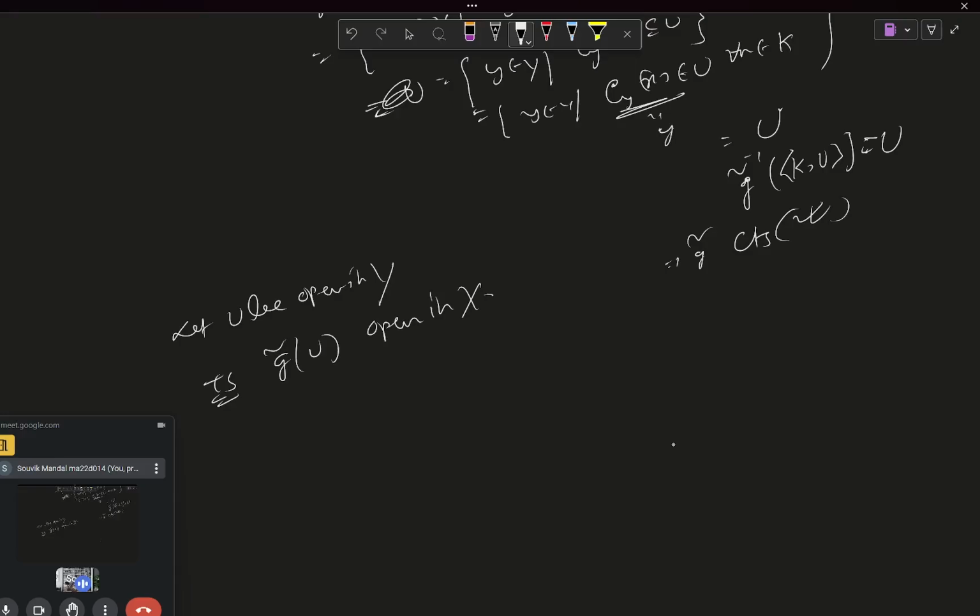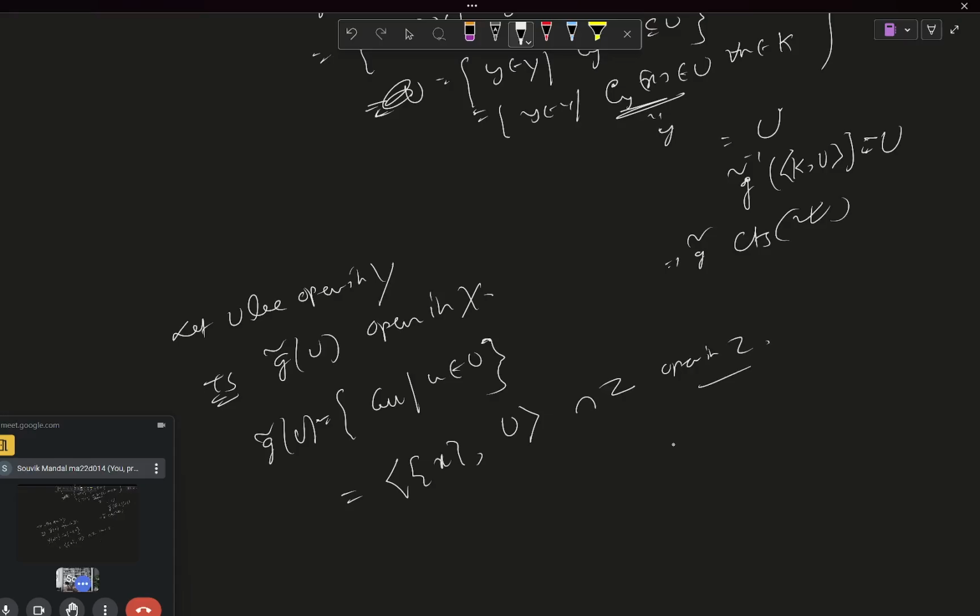So now that means g tilde of U contains all the small u belongs to U. And this is obviously equal to the singleton, X comma U, intersection, which is open. So given a g tilde, opening.